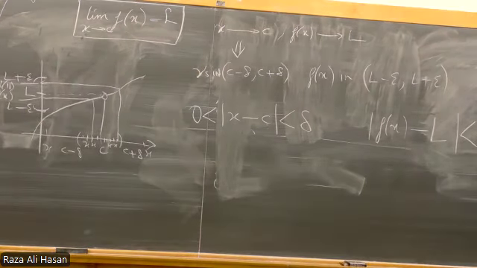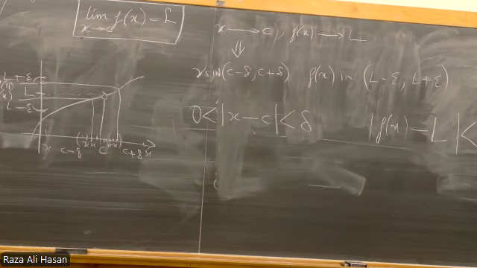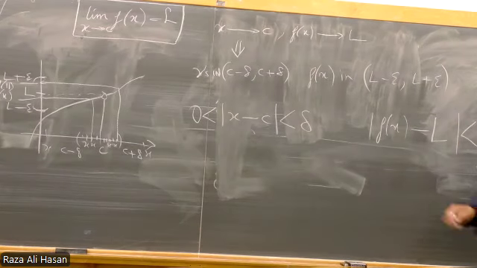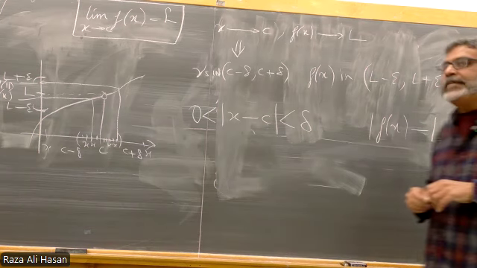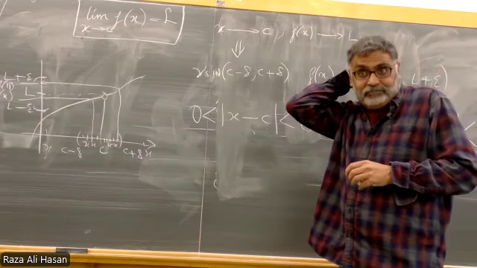So what happens is that to prove that a function has a limit using this definition, the first thing we have to do is find the proper relationship between epsilon and delta. And there's usually some integral whole number relationship.